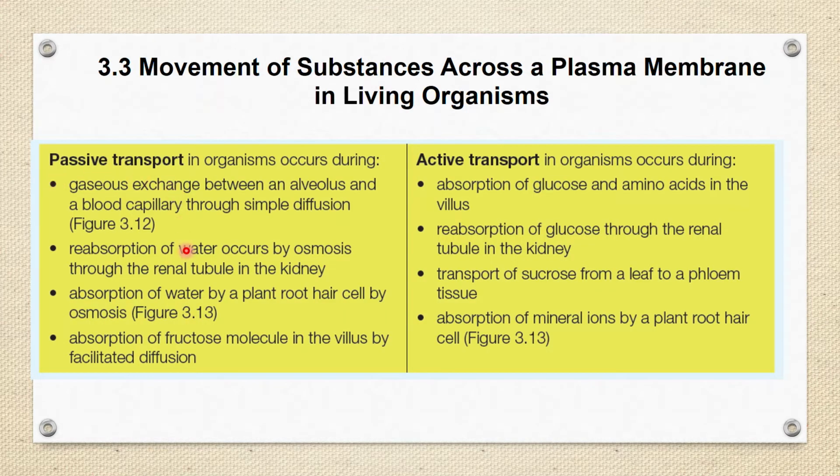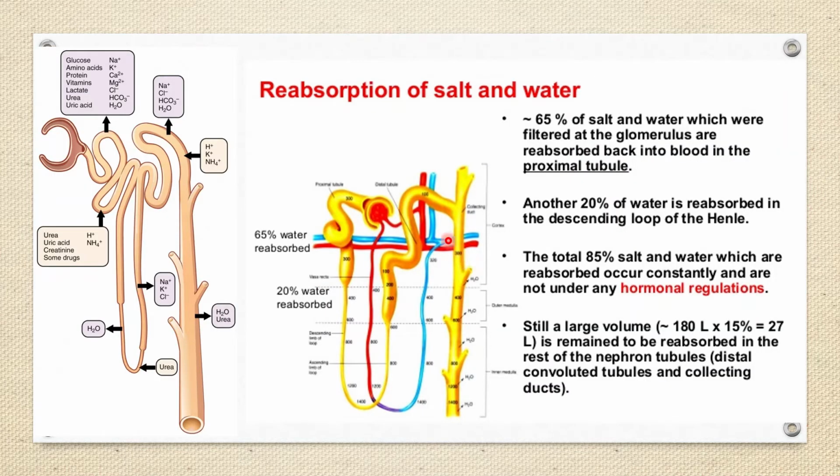Okay, the second example here says reabsorption of water, which is by means of osmosis. That means the movement of water molecules. Reabsorption of water by osmosis through the renal tubule in the kidney. This is the tubules in the kidney.